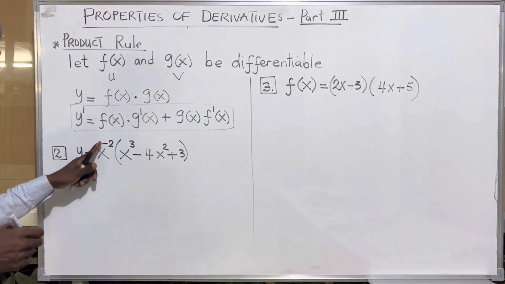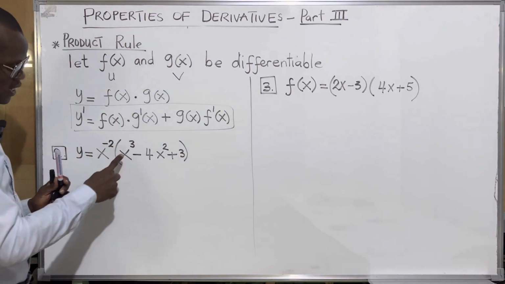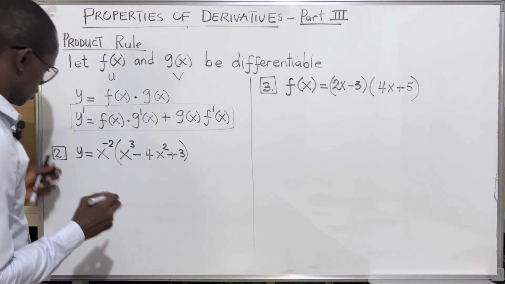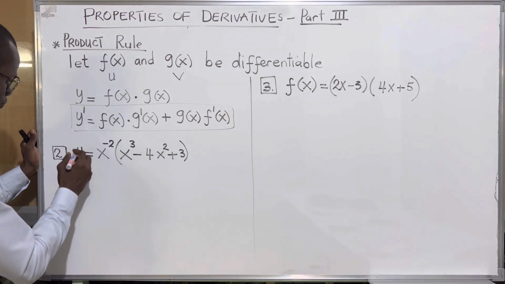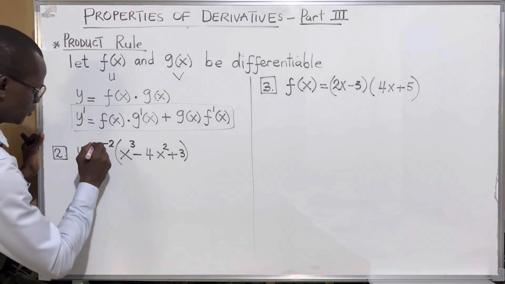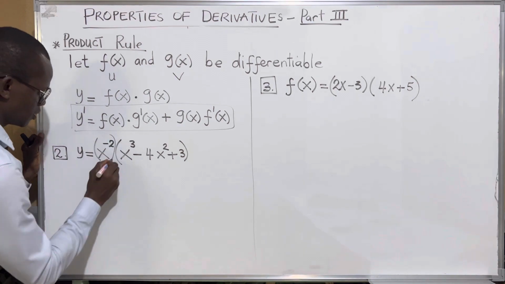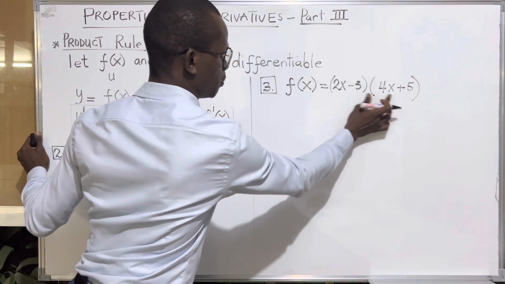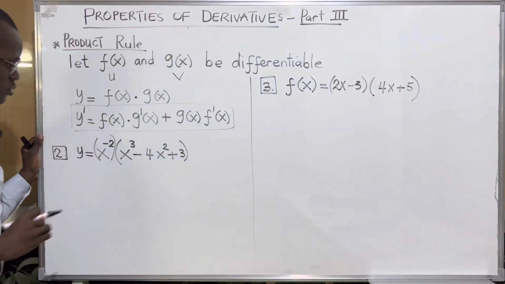y equals x to the power minus 2 times x cubed minus 4x squared plus 3. Now mind you, you have one expression multiplied by another expression.